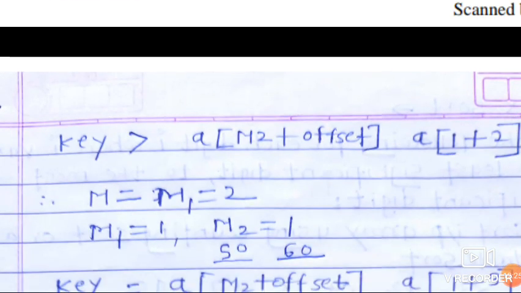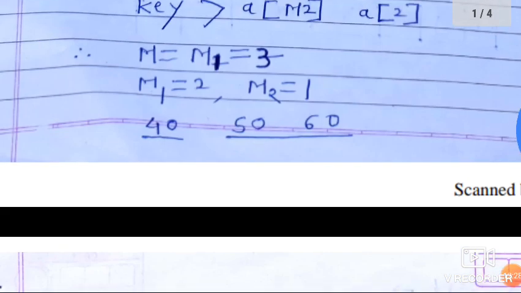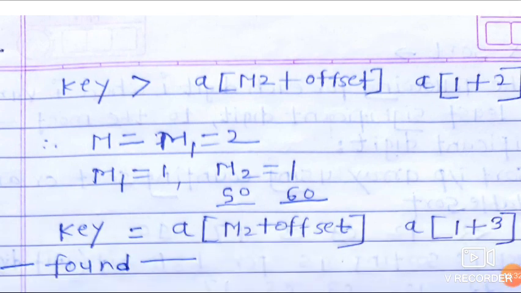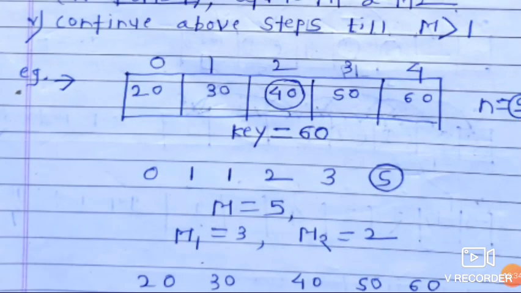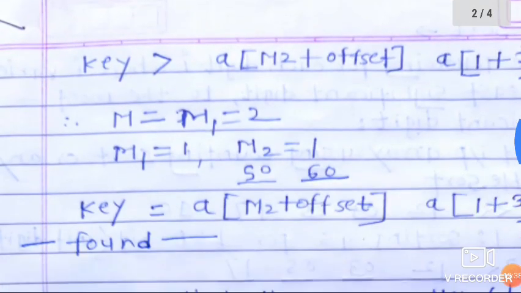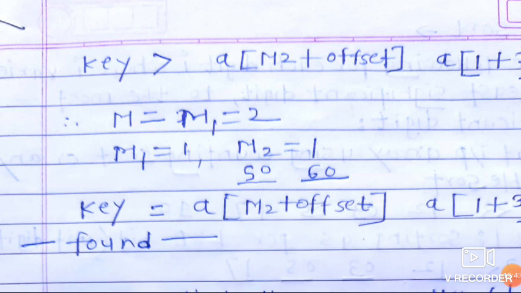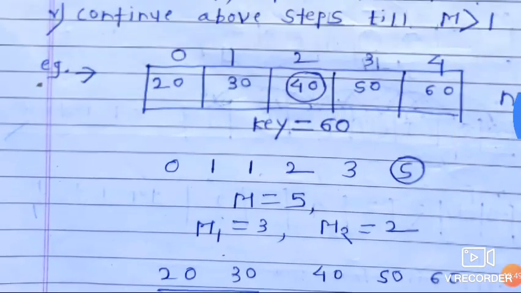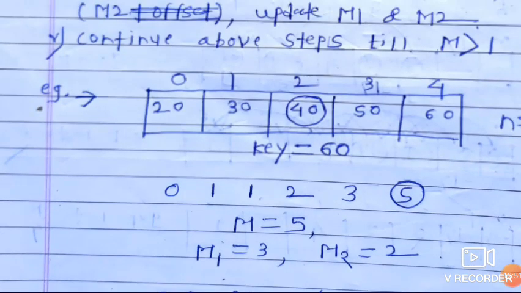Therefore again we update m as m1. The m1 value is 2, therefore m equals 2. As m is 2, m1 is 1 and m2 is also 1. Again we compare key with a of m2, which is 1, plus offset. The offset is now the index of 50, and the index of 50 is 3.